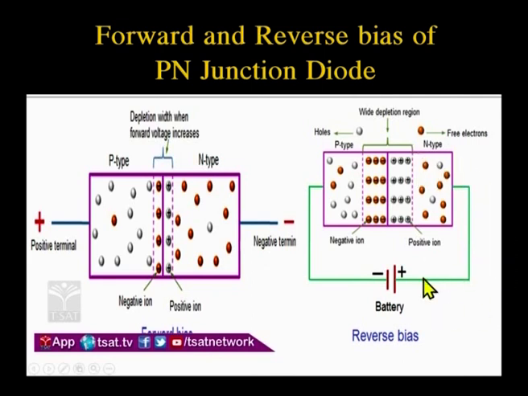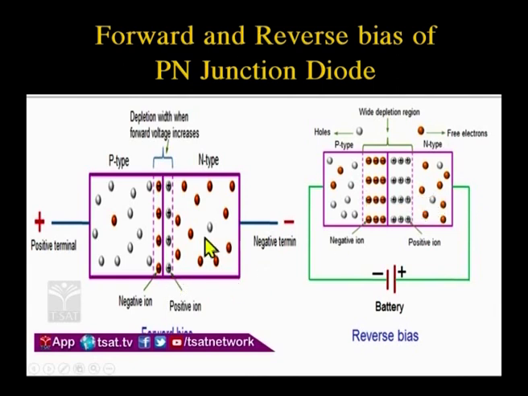Electrons move towards the positive terminal, thus they increase the barrier, so the stable ions formed will increase. They will not try to cross the barrier because the positive terminal is on the other side; they will try to move away from the barrier. Thus the barrier will be increased.